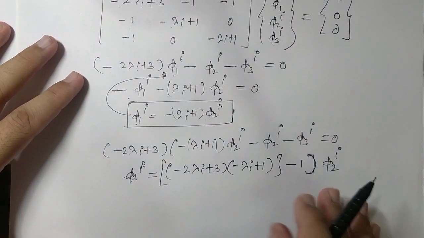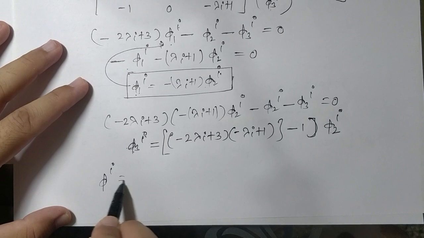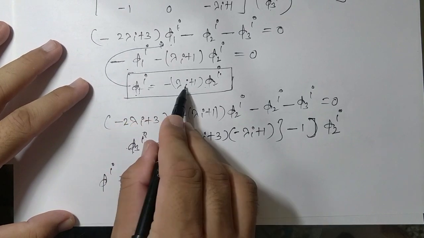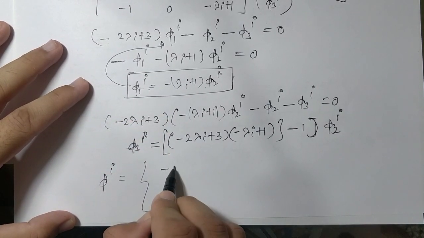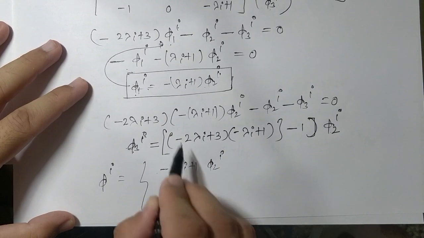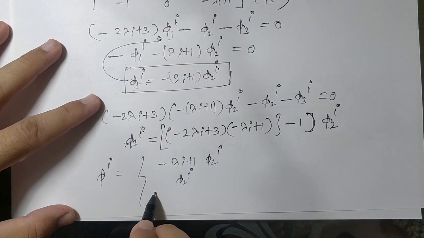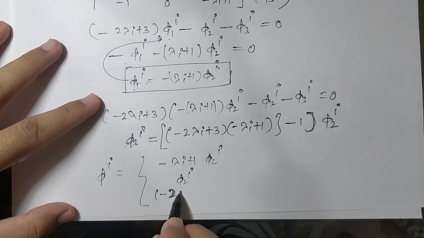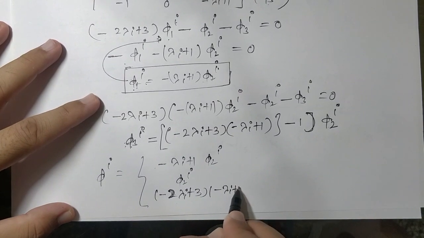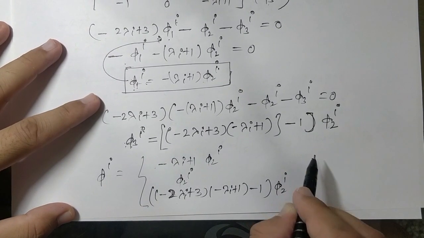So we can write down the mode shape. The generalized mode shape phi i equals: in the place of phi 1i, minus lambda i plus 1 times phi 2i; in the place of phi 2i, phi 2i; and in the place of phi 3i, minus 2 lambda i plus 3 times minus lambda i plus 1, minus 1, all multiplied by phi 2i.